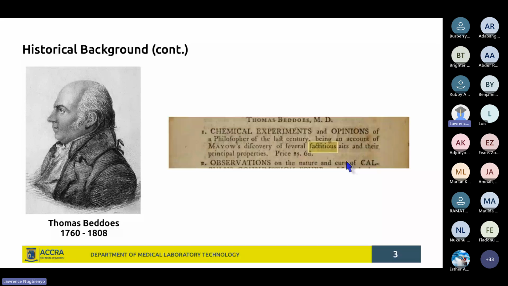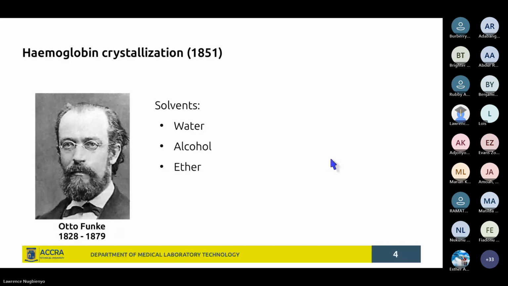Now, fast forward, you have a German scientist, Otto Funk, who for the first time in 1851 was able to crystallize the hemoglobin molecule.